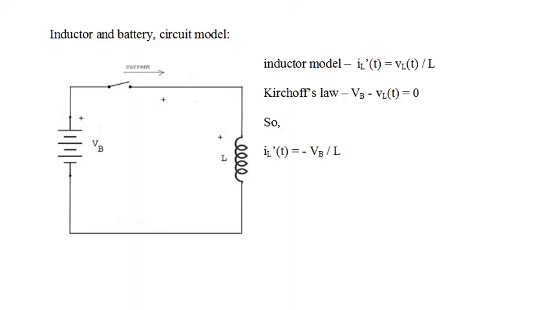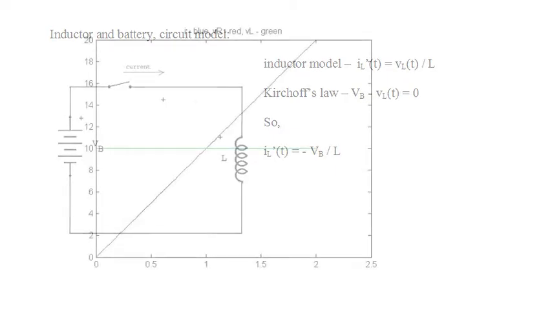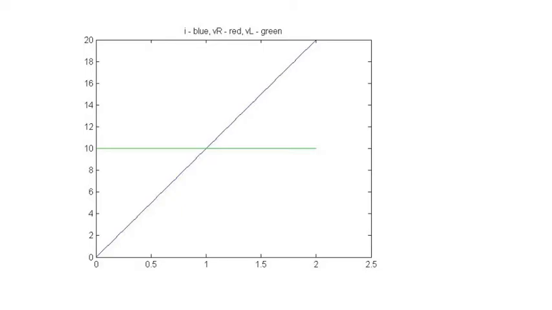Next circuit. This circuit contains an inductor and a battery and no resistors. Can you predict what will happen when the switch is closed? Here it is.